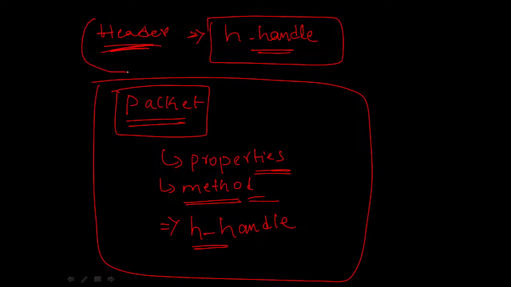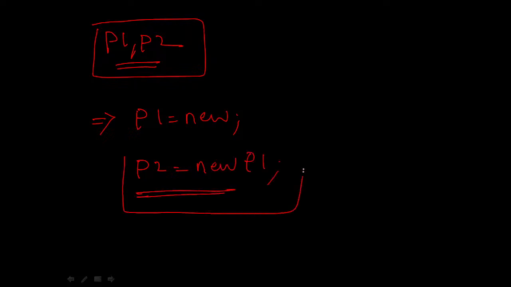For this packet class, we created two handles, p1 and p2. We created an object for p1 using p1 = new, and we did the shallow copy, that is p2 = new p1. We saw this in our previous session.